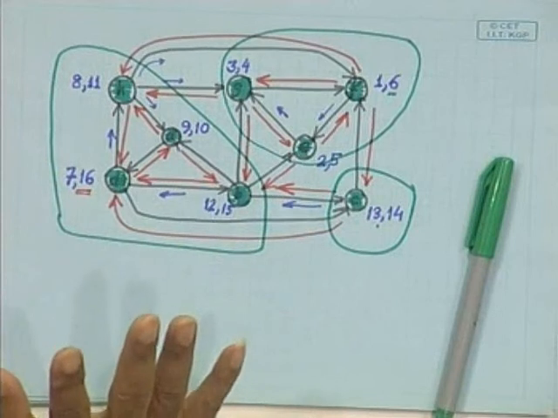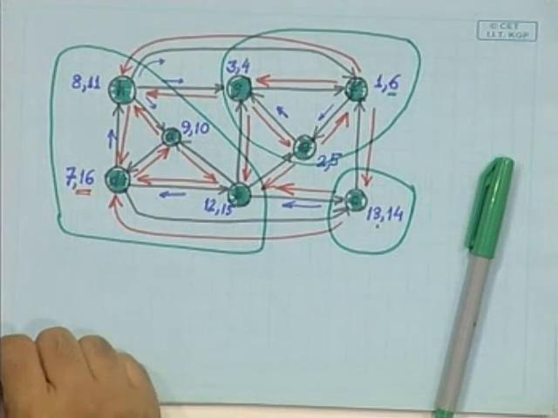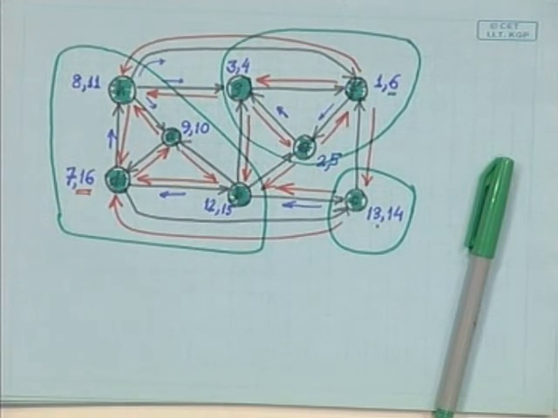Now this is the algorithm. You have to understand why it gives us the strongly connected components, right. Intuitively, what is the exit number of a node? You give the exit number when you have visited all the nodes that you could from that node and then come back, right.